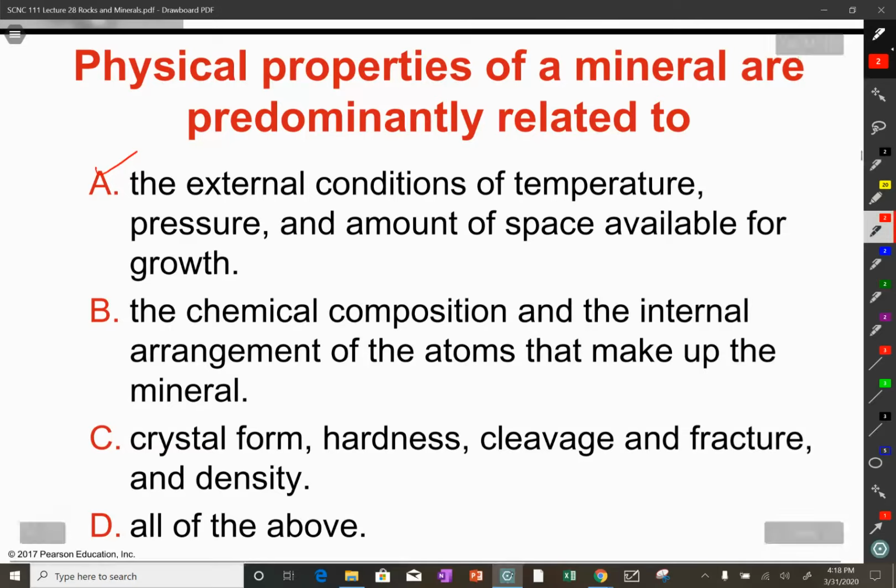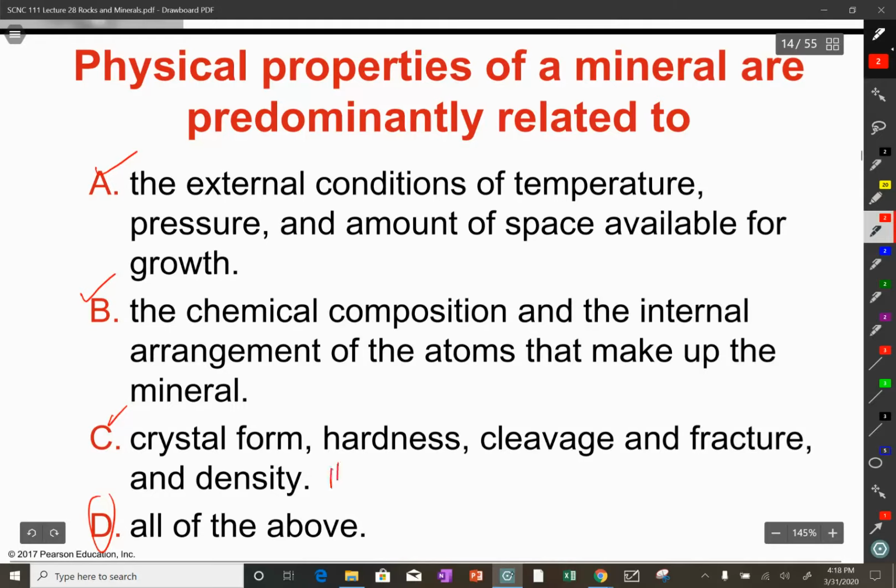The chemical composition and internal arrangement of the atoms that make up the mineral, absolutely. Different chemical compositions are going to be different minerals, and they're going to have different cleavage and so on. Crystal form, hardness, cleavage, fracture, density, that's how we identify them. So I'm going to go with all of the above because now we're talking about slightly different things.